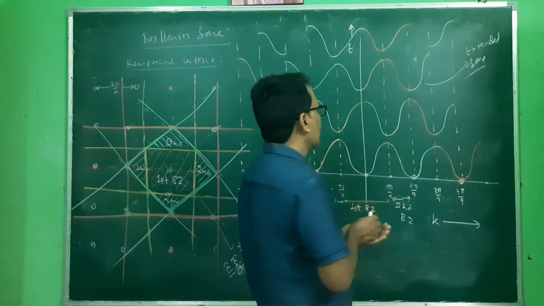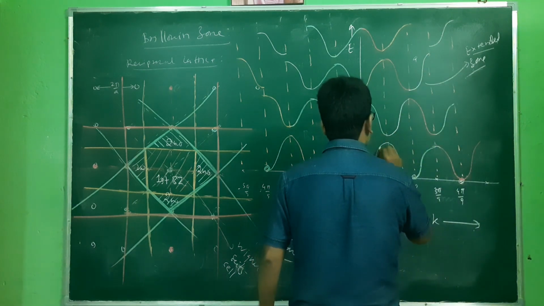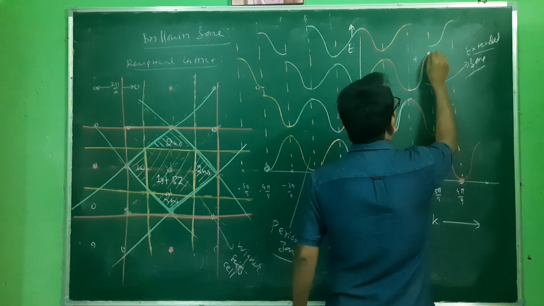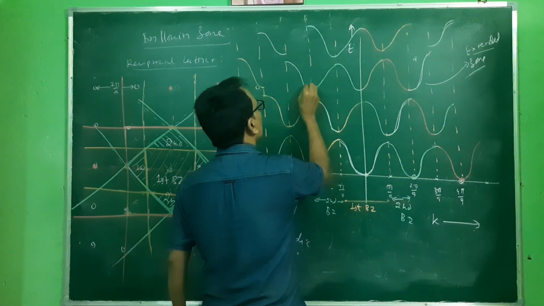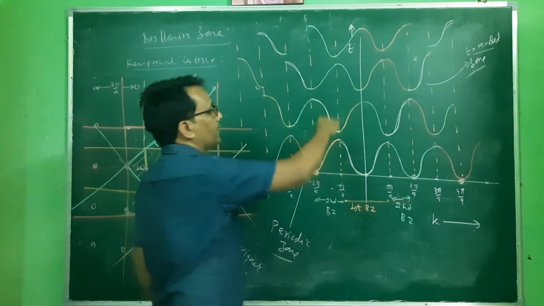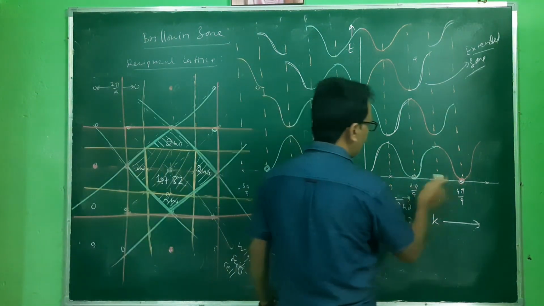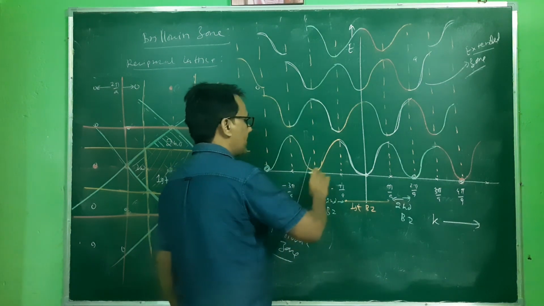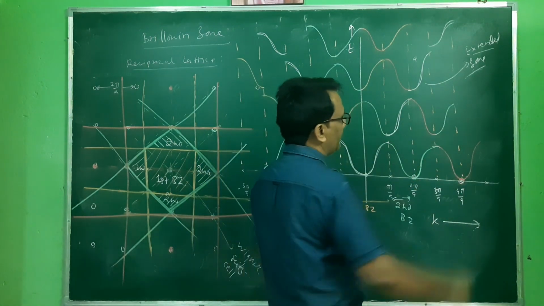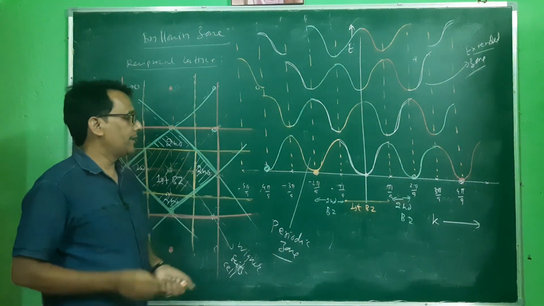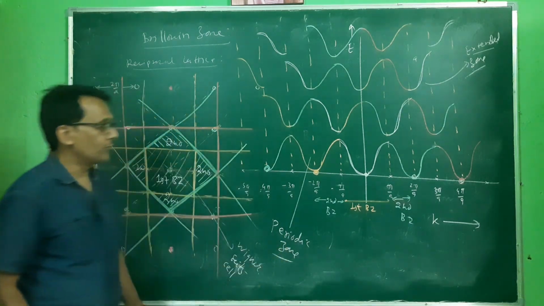These regions are the extended ones, because they extend to the complete crystal. When we take each and every atom as a central atom, then I get this periodicity in the diagram, and this is known as the periodic zone.